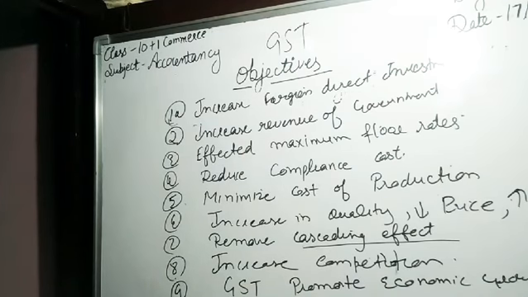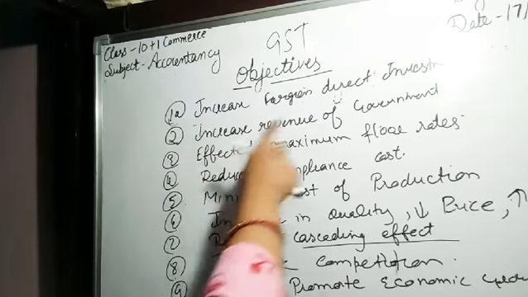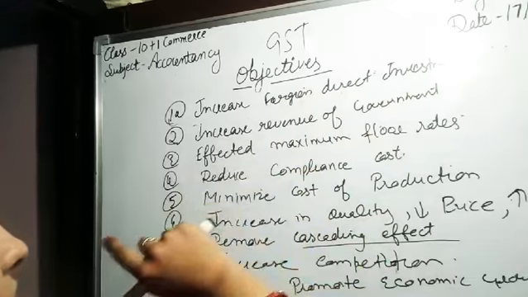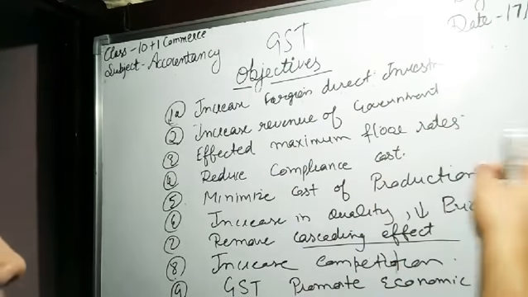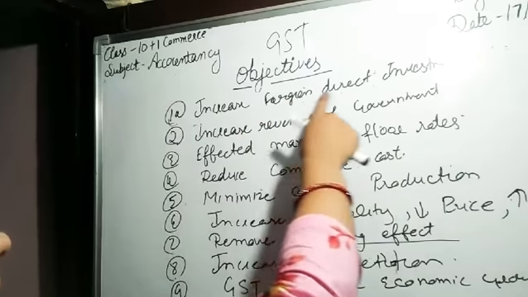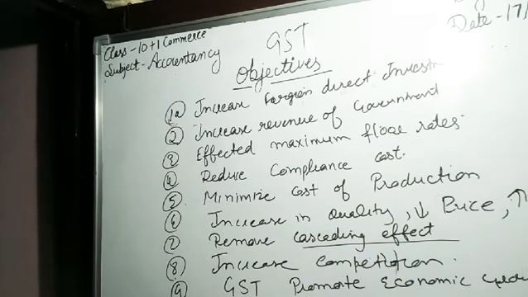So foreign investors are attracted to the economy, to the country, so that they can invest, because they know that now the taxation system is giving some relaxation to them. When they see that a number of taxes are abolished, now they can do their business in an effective way. So this increases the foreign direct investment in the country.